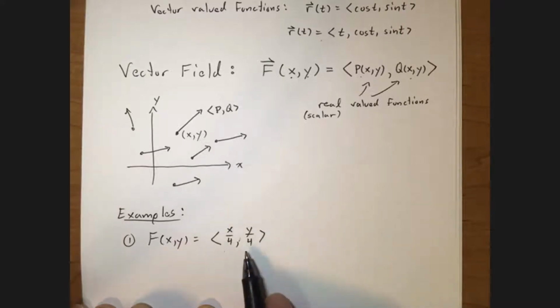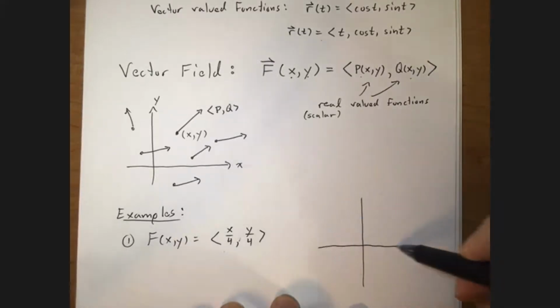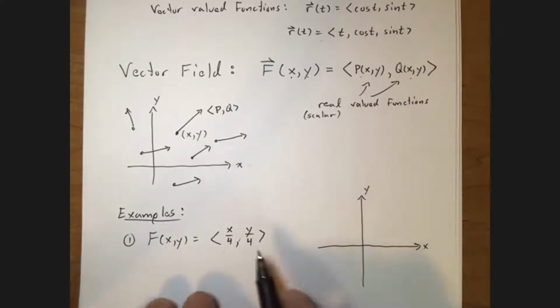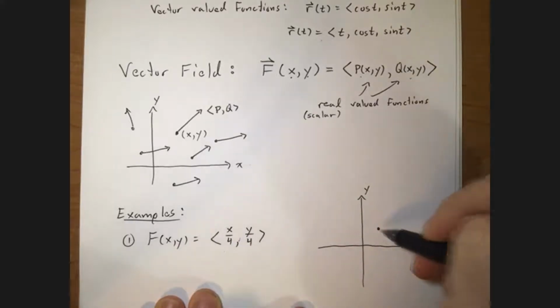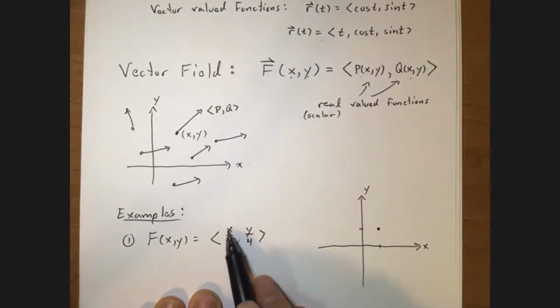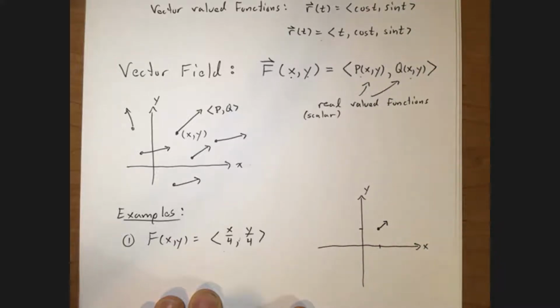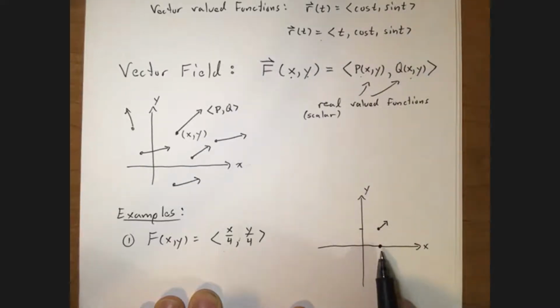And the question is, what would this look like? Well, if I plotted the vectors that are associated with this vector function, let's start with the point 1, 1. I'm plugging in 1 for x and 1 for y, so my output is 1/4, 1/4. So that's a diagonal vector like this. If I go to the point 1, 0, now x is 1 and y is 0.